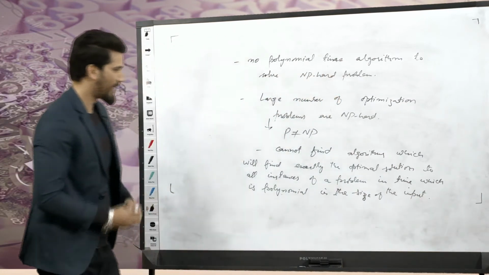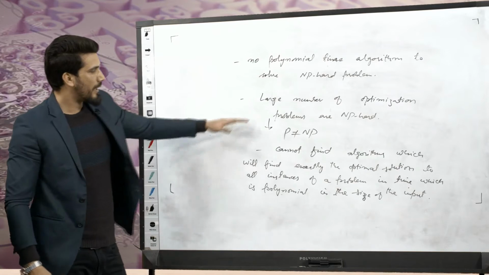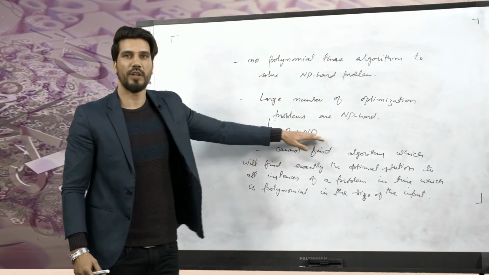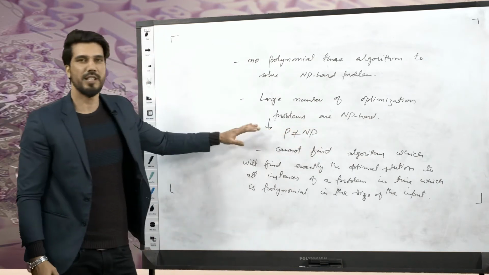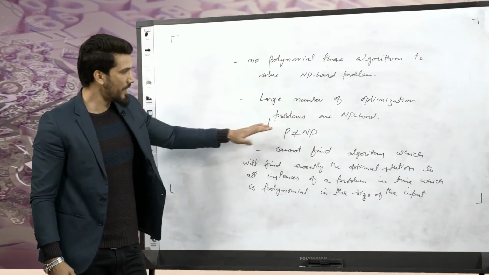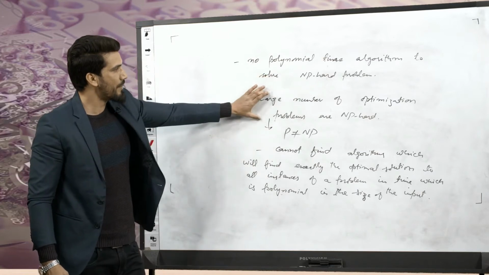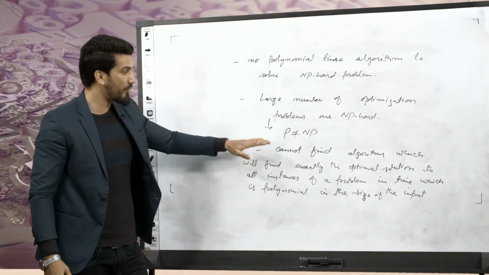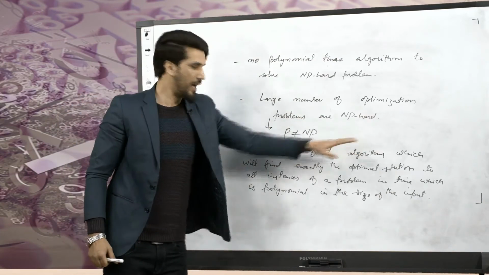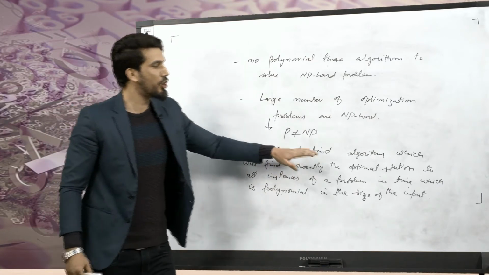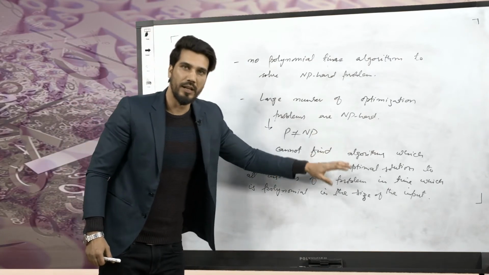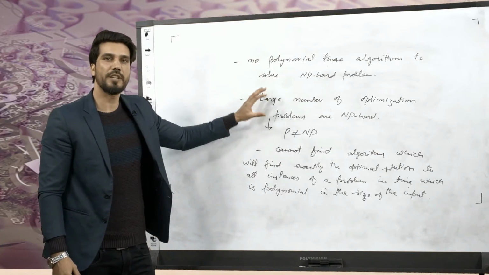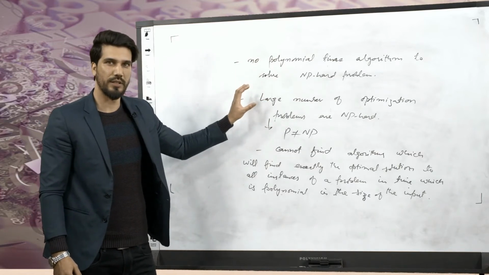This is a rather long statement. Since we are with the thought that P is not equal to NP, which we have seen in previous lectures, and a large number of optimization problems are NP-hard, it suggests that we cannot find algorithms which will find exactly the optimal solution, because by solving optimization problems we are trying to find the optimal solution.